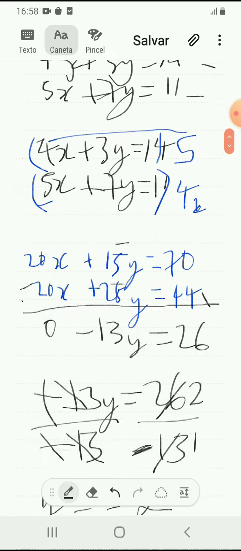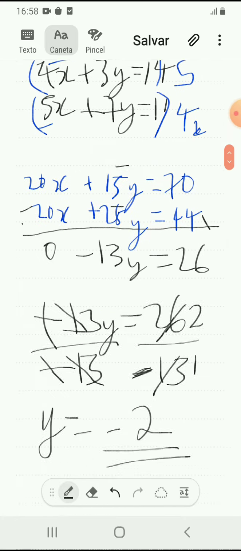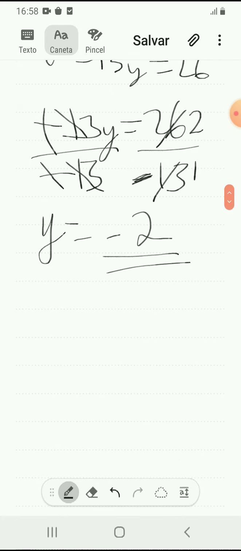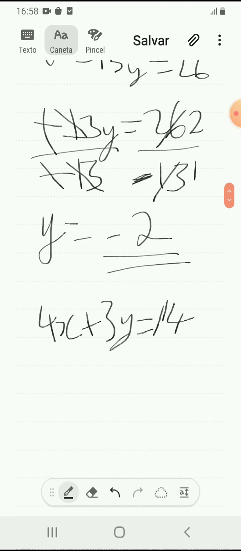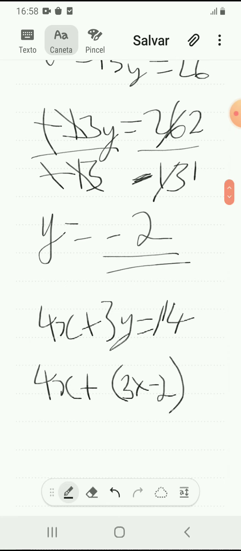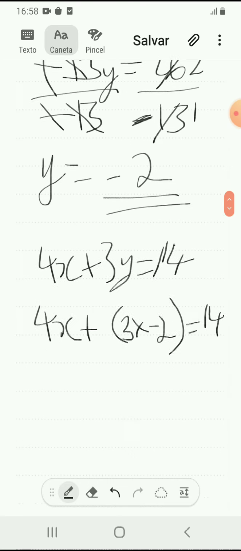So we'll take the first equation: 4x plus 3y equals 14. So we know the value of y, so we write here 3 times, y is minus 2. So we substitute, giving us 14.